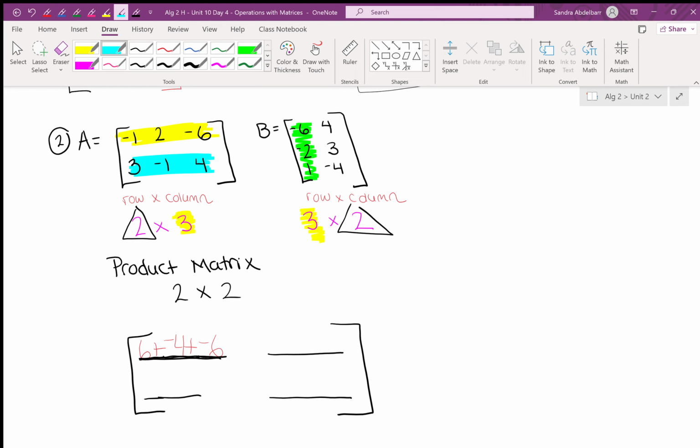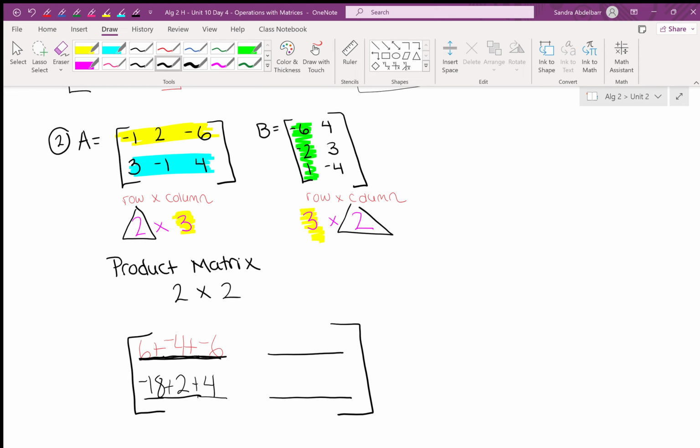So now we're going to do first element with first element, second element with second element, third element with third element, rows and columns. So 3 times -6 is -18. -1 times -2 is 2. 4 times 1 is 4. Add those.